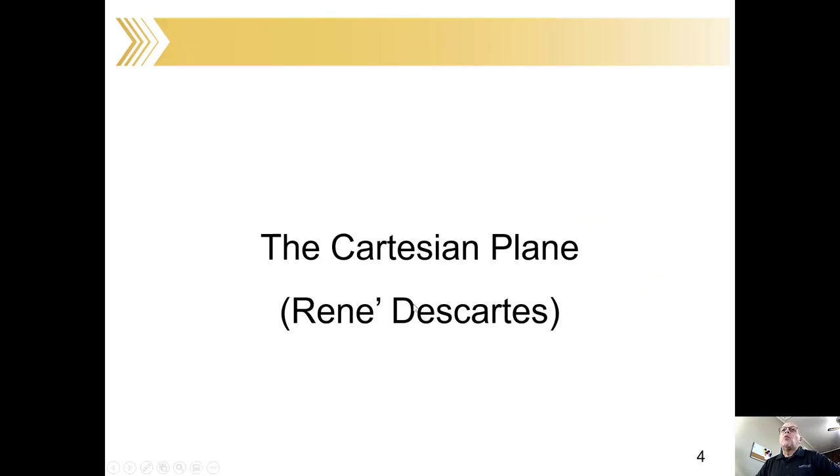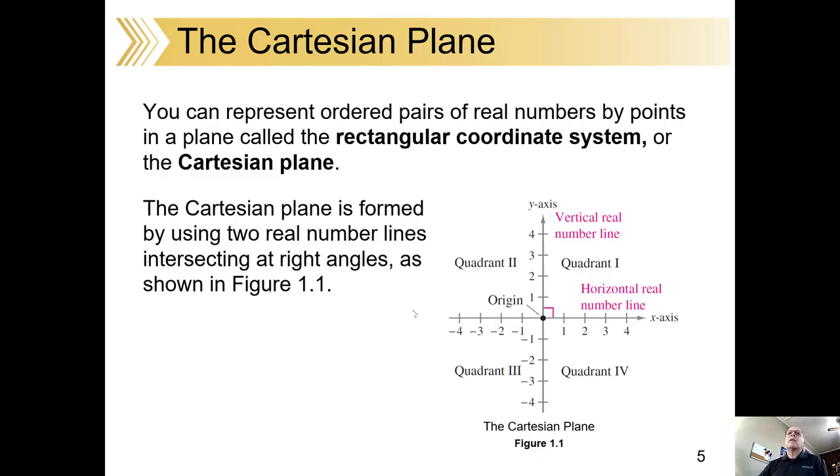is one of the people responsible for what we call the XY plane or the Cartesian plane. René Descartes, famous Frenchman, famous mathematician, famous philosopher. He did a lot of things, just like Galileo and most of the others. So here's a plane.